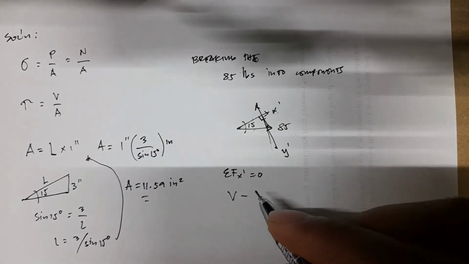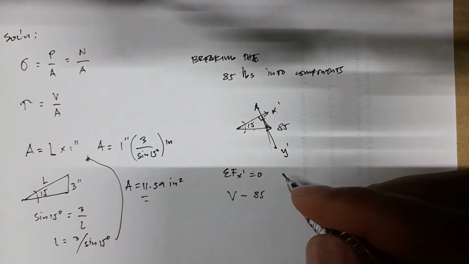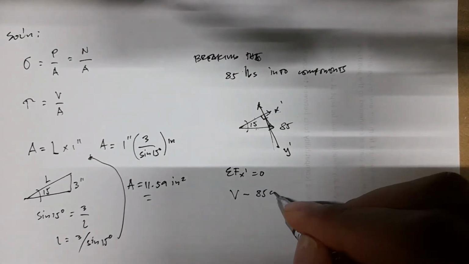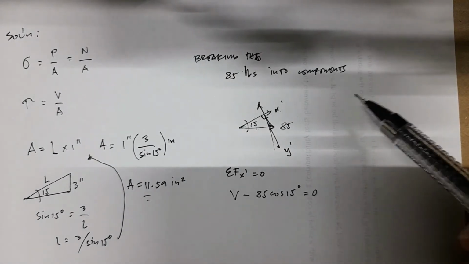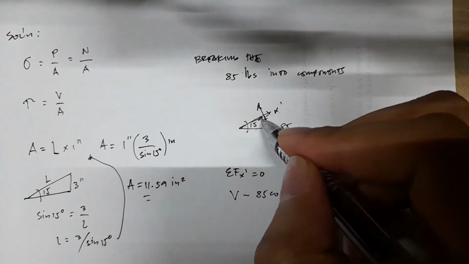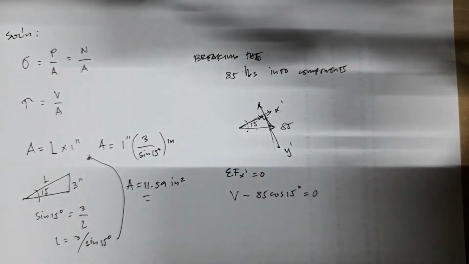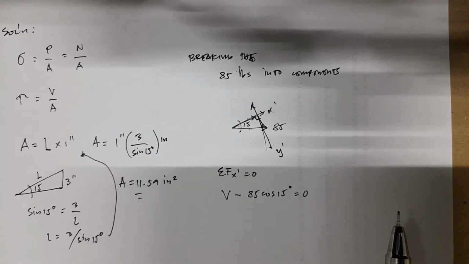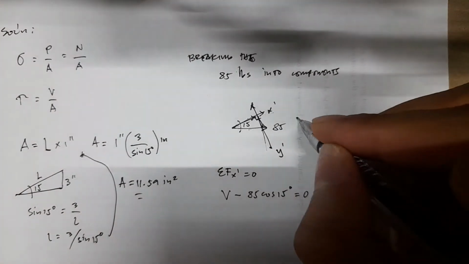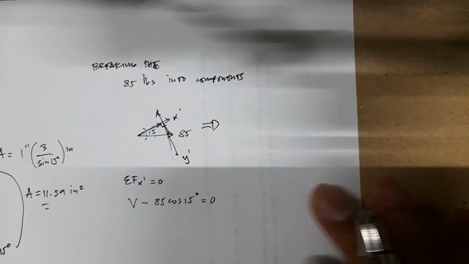So 85 cosine 15 equals 0. This is of course directed in the positive x prime direction, and remember that your V is directed in the negative x prime direction.